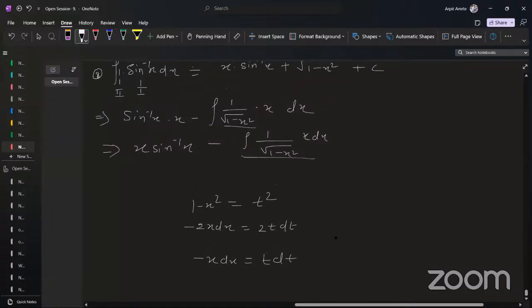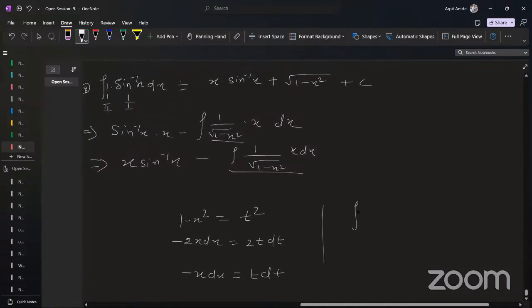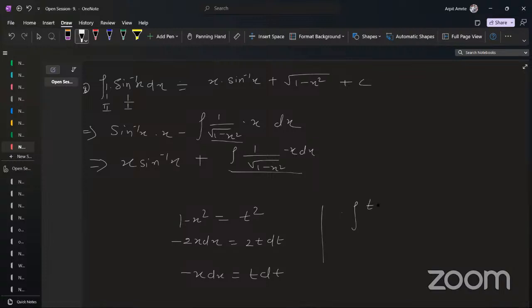Just substitute into the above one. Taking the minus also, we get t dt divided by root over 1 minus x square, which is t. So it becomes t by t dt, which is 1 dt, and its integral is t plus some constant.